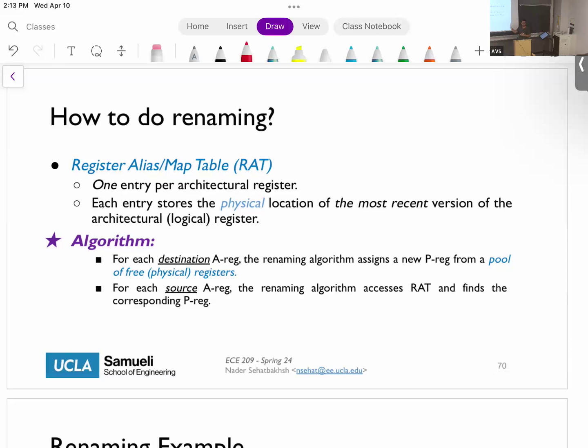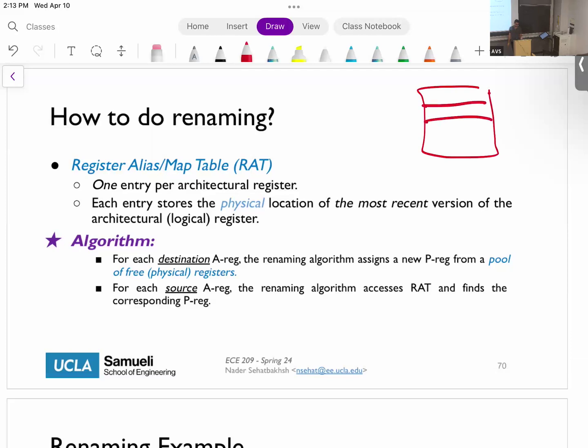The one that we have probably seen, and you've seen it in my class as well if you've taken the course or watched the videos, is the register alias table, or RAT. Think about the RAT as a table that has one entry per architecture register.